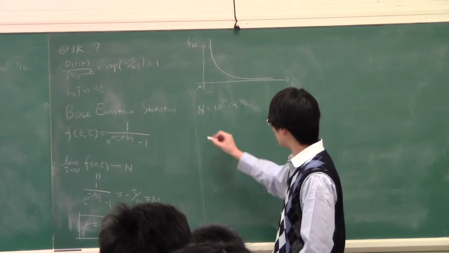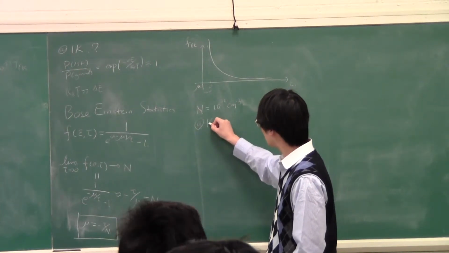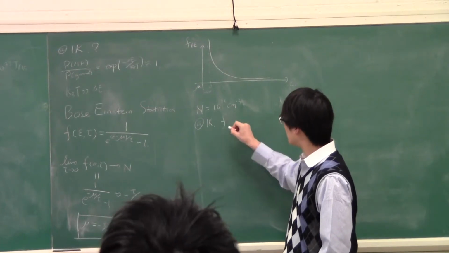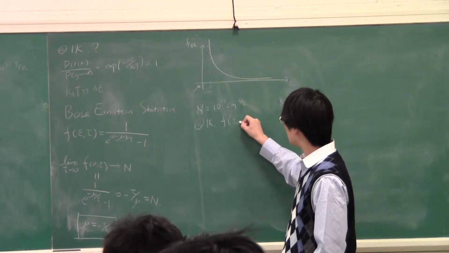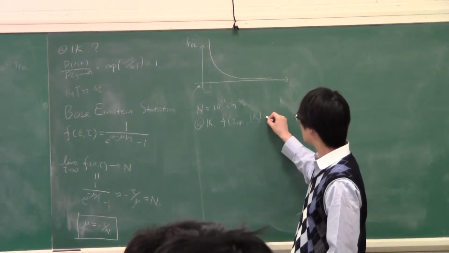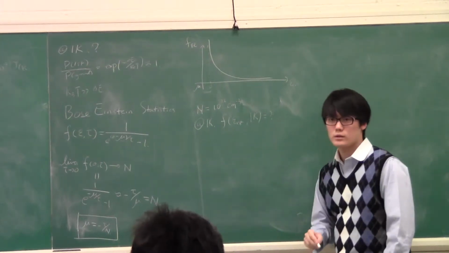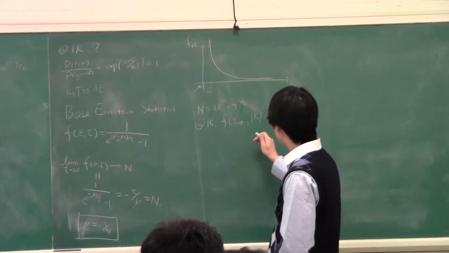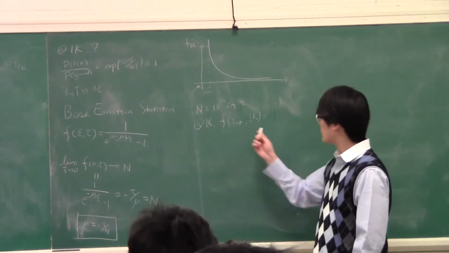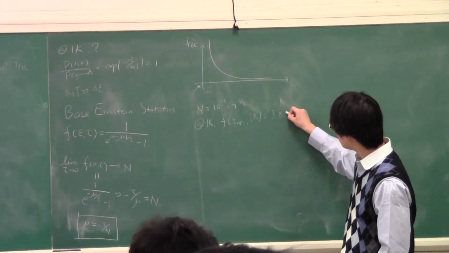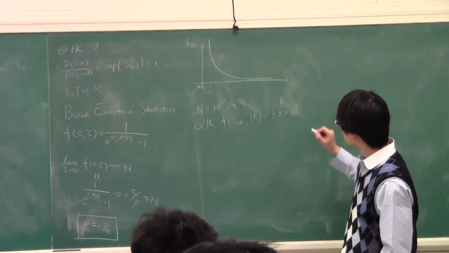And at 1 Kelvin, what is the probability of the first excited state? Again, for the numbers that we're using, we find that the occupation of the first excited state is approximately 3.8 times 10 to the 9.